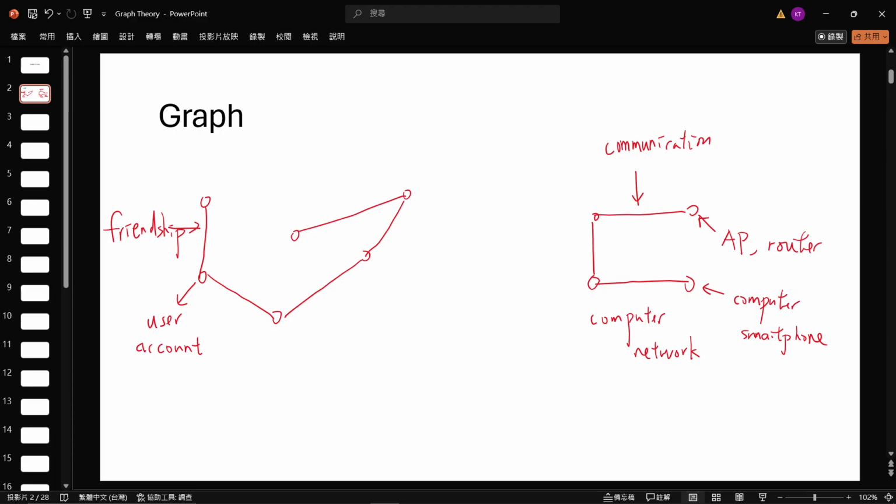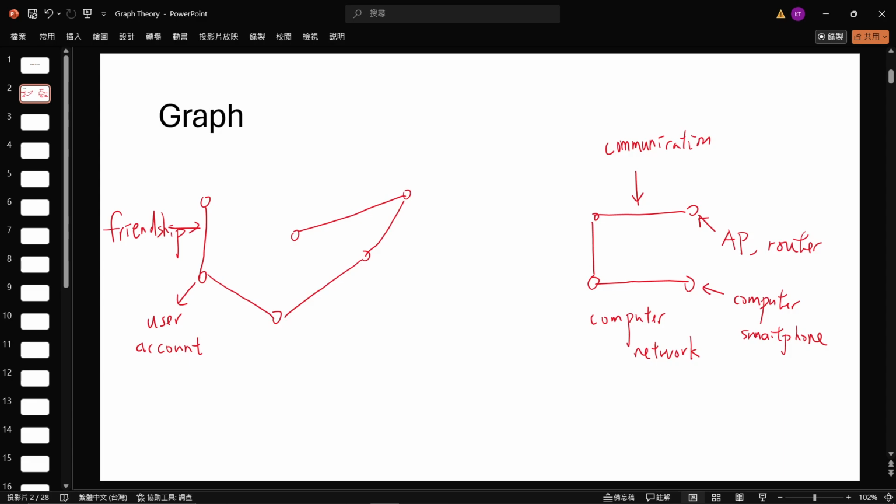So besides social networks, you can also consider a vehicle network, or networks formed by animals, or molecules, all right? So really there are different kinds of very complex systems in computer science that can be modeled by graphs, okay?